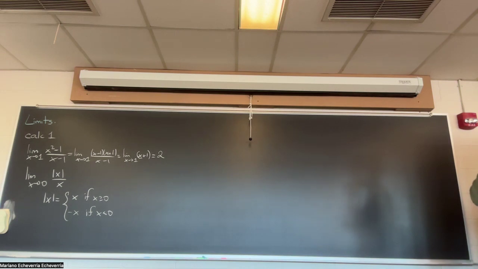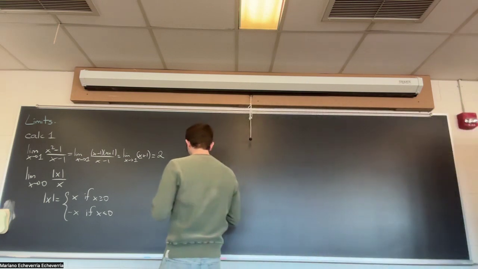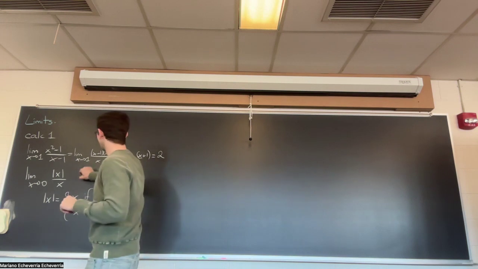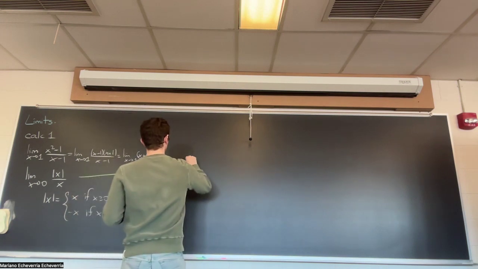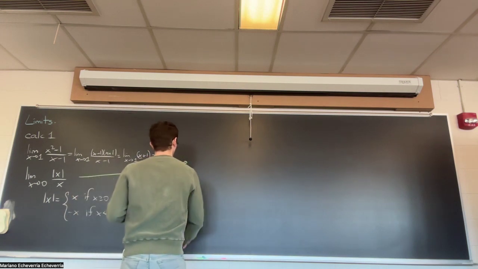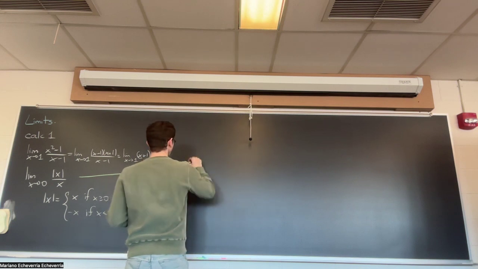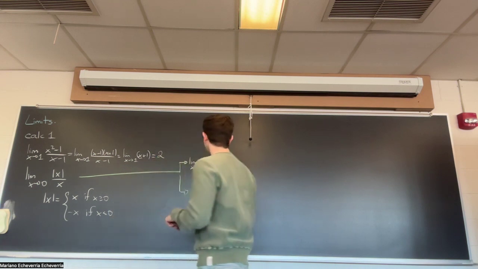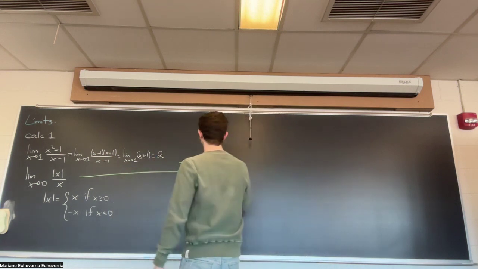So the best way to approach that type of limit was by studying the one-sided limits. This will be actually important in what I'll say in a second. So to study this limit, you would do the one-sided limit as x approaches 0 using positive numbers, right?